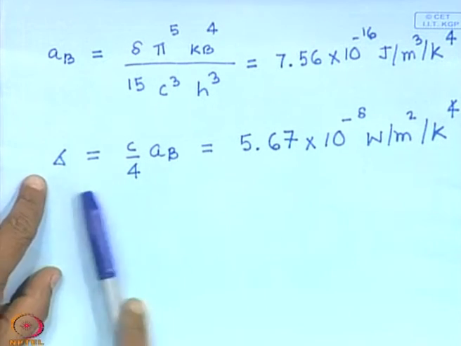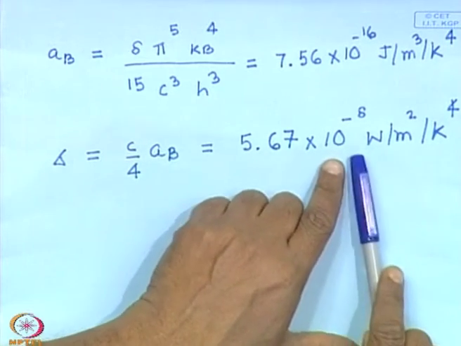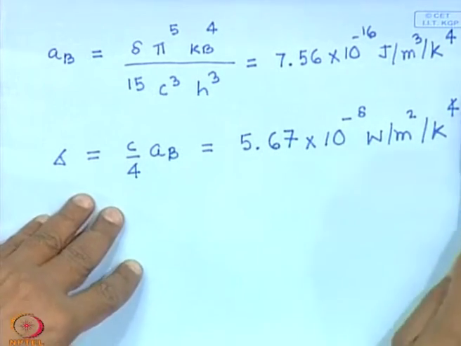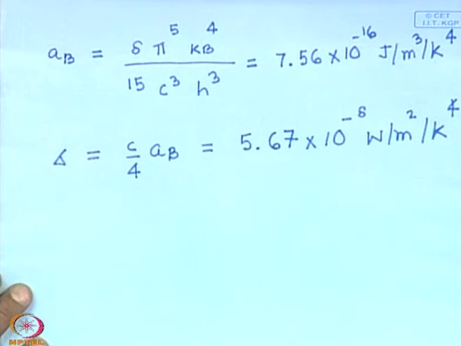You multiply it by the temperature to the power 4, and you will get it in watts per meter square, that is the flux. Okay. So, I hope all of this is clear. So, this kind of brings to an end our discussion of black body radiation.